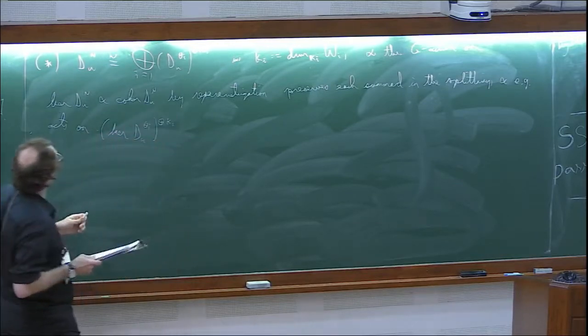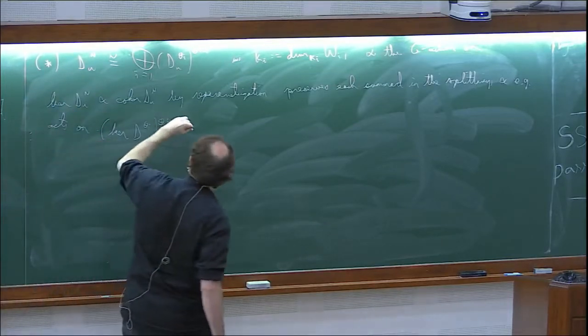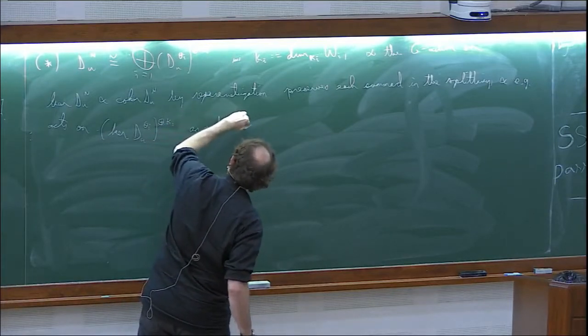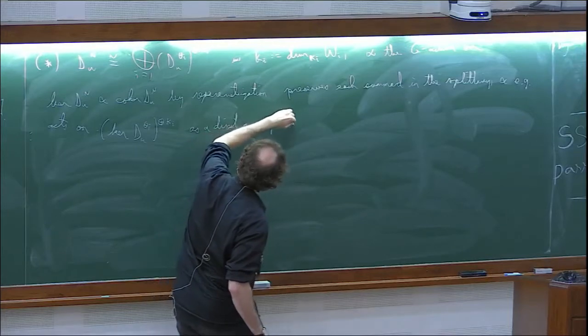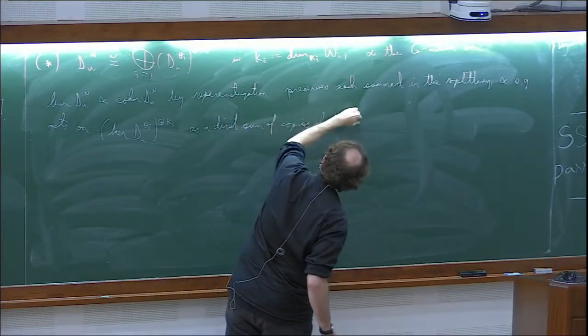So that's a particular subspace of the kernel of dun due to the splitting. G acts on that as a direct sum of copies of that same representation, theta I.